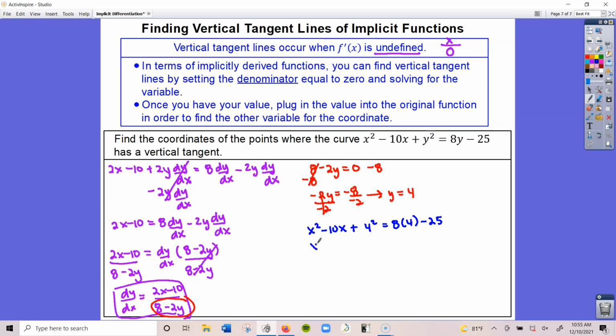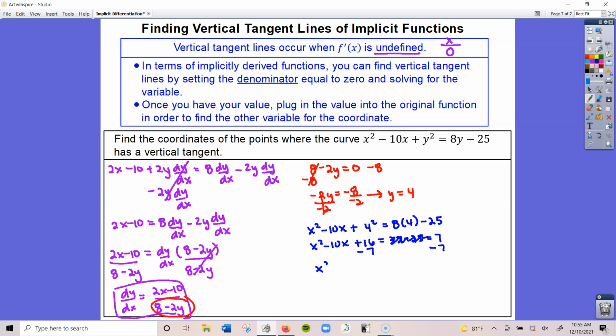Let's work this out now. x squared minus 10x plus 16 is equal to 32 minus 25. And 32 minus 25 is 7. So I want to make this equal to 0 since this is a quadratic, so I'm going to subtract this 7.